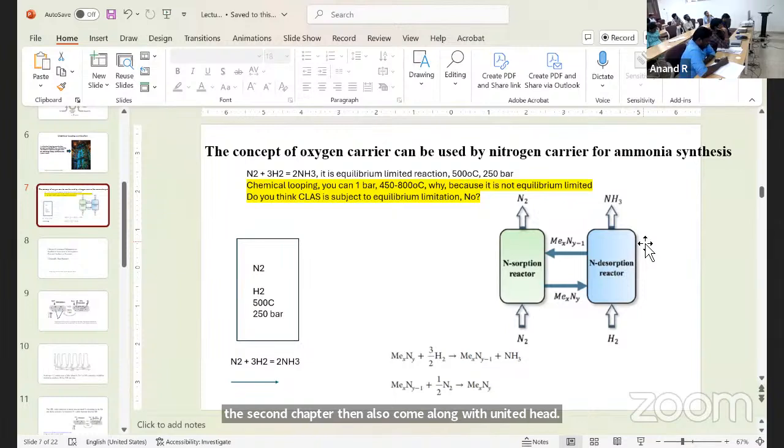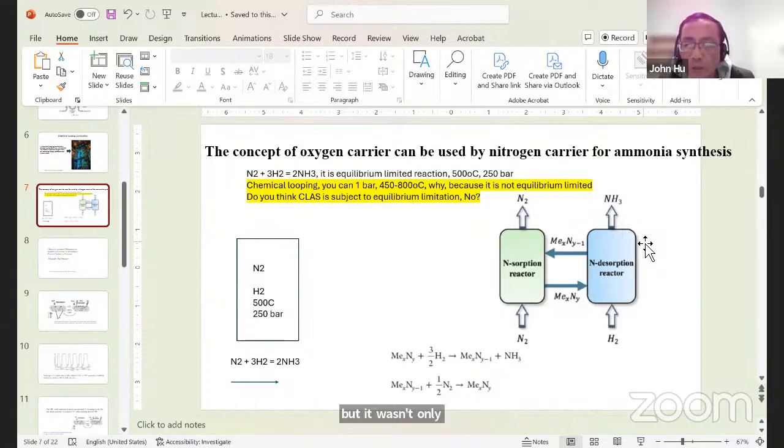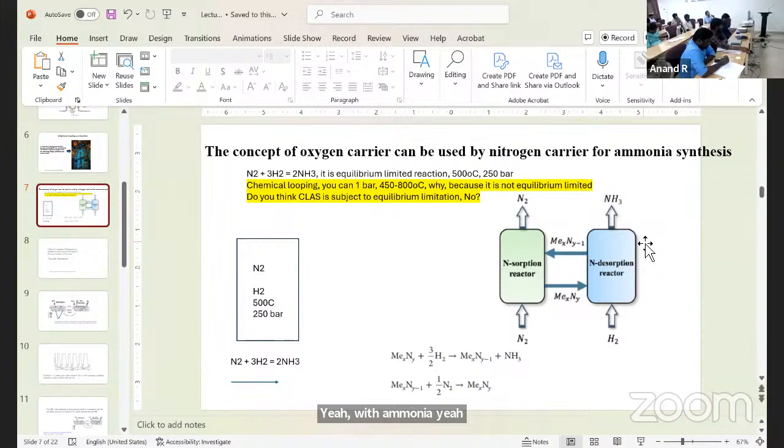But why does hydrogen come with the nitrogen? No, sir. Hydrogen comes with ammonia. Yes, with ammonia. Then again segregation is an issue. We previously discussed ammonia with nitrogen or ammonia with hydrogen.